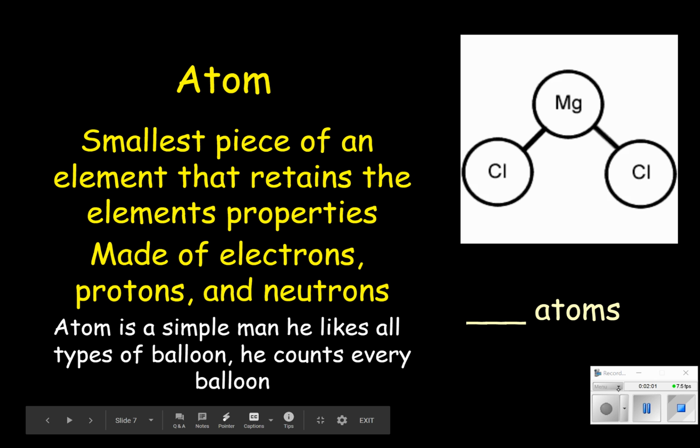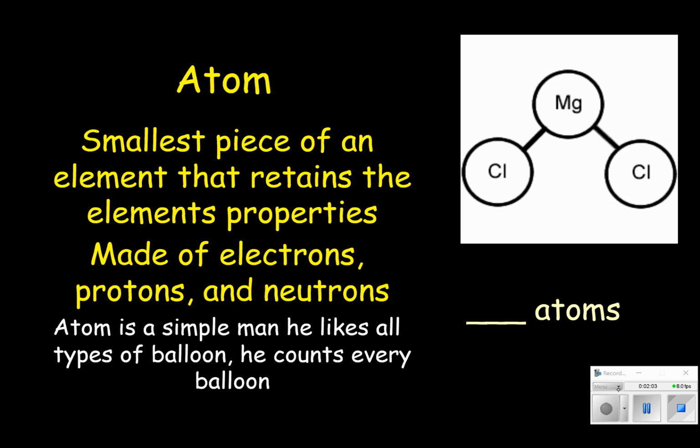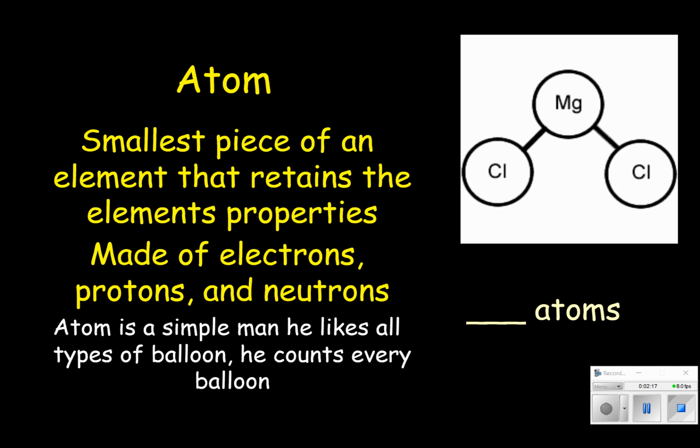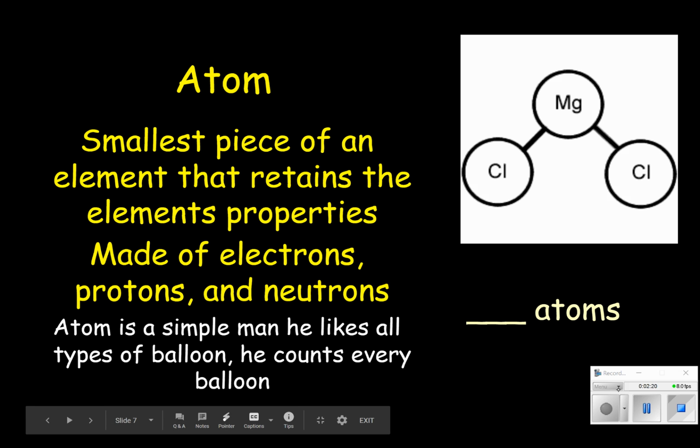The cool thing here is that all you have to do to count the atoms is simply count the circles. So we have circle number 1, circle number 2, circle number 3. So we have 3 circles, which means we have 3 atoms.